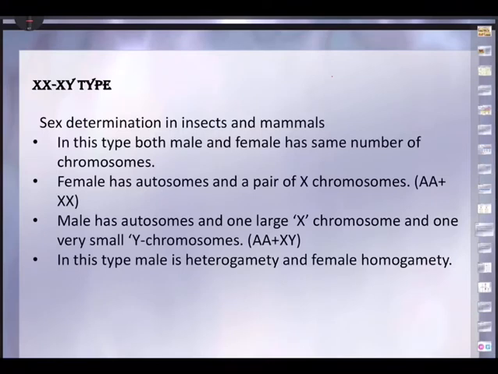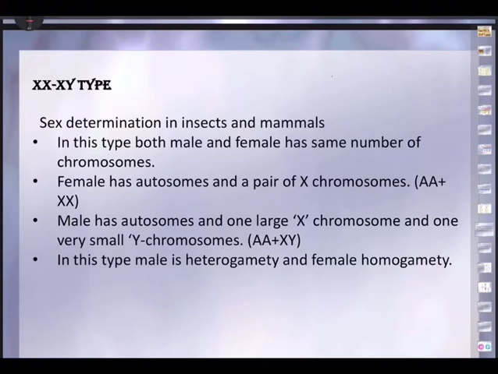What about the male? The male also is having same number of chromosomes, unlike grasshopper. Here also it is having 46 only, just like female. Out of the 46, 44 are autosomes, and the difference is in the sex chromosomes. In case of female, it is XX. In case of male, it is XY. So when the sperm mother cell undergoes meiosis or spermatogenesis, what happens is 50% reduction.